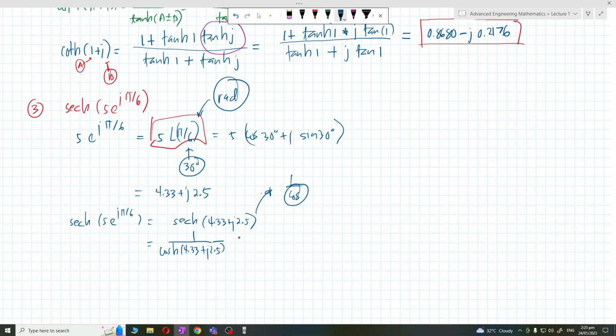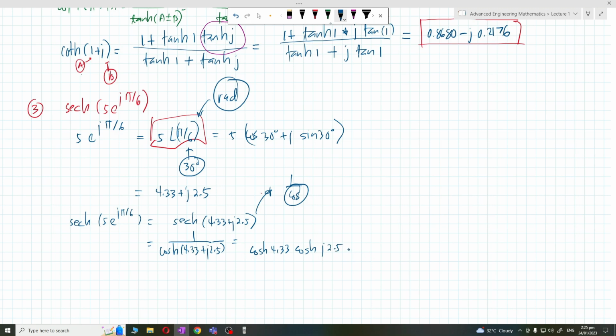The next step is to expand the cosine hyperbolic of the quantity 4.33 plus j 2.5. Ito na naman tayo, baka madali na naman. Hyperbolic to guys. So the cosine hyperbolic of 4.33 plus j 2.5 is the same as the cosine hyperbolic of 4.33, cosine hyperbolic of j 2.5.